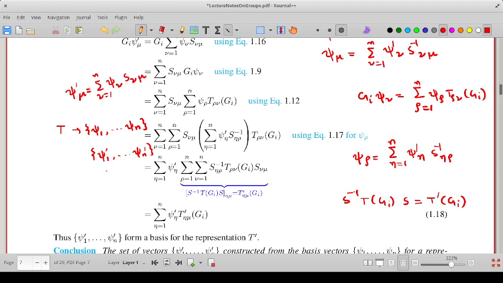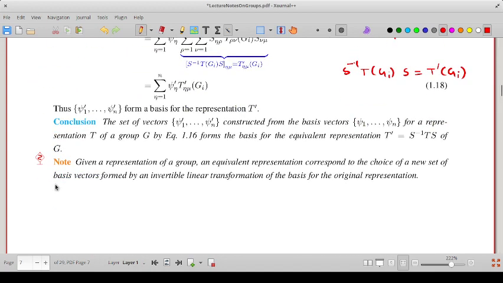Then this set of vectors forms a basis for the equivalent representation of the group G, which is equivalent to this representation T, with T dash given by S inverse T. So this also tells us that if we have two equivalent representations, their basis vectors are connected by a linear transformation.